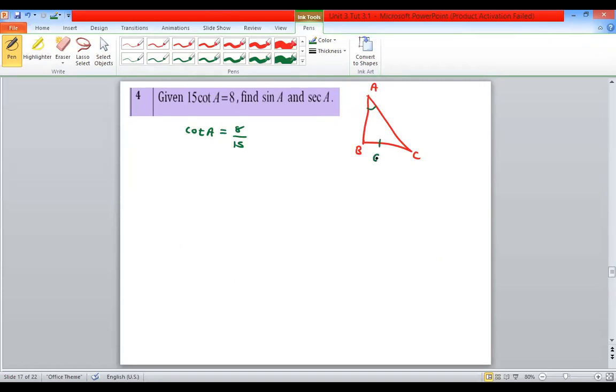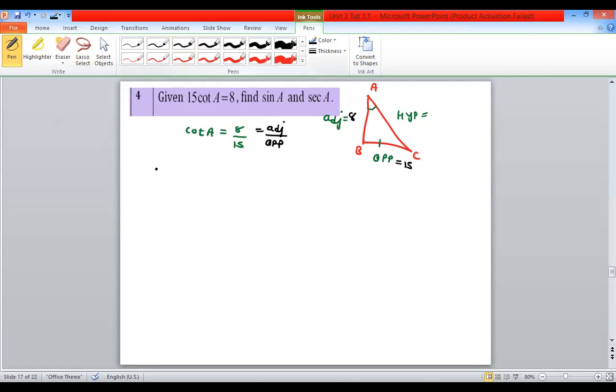This side is opposite and it's your adjacent and it's your hypotenuse. Now look here, the formula of cot is adjacent upon opposite. The value of adjacent is 8, opposite is 15.